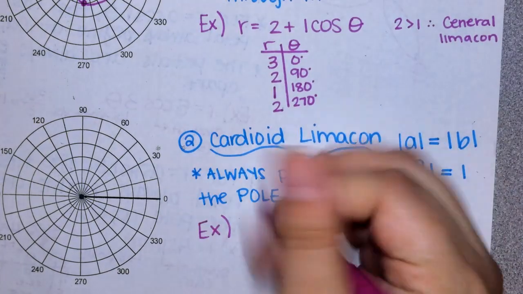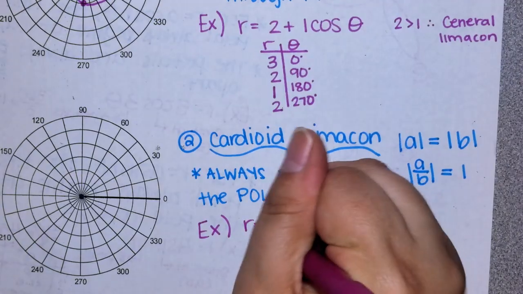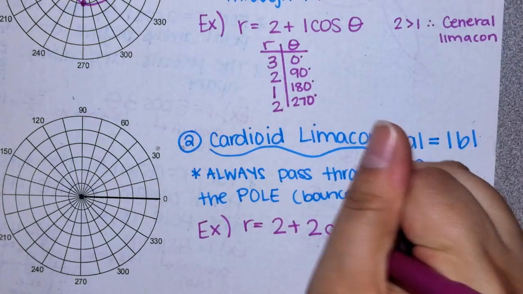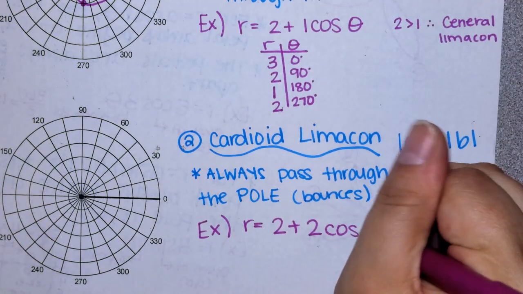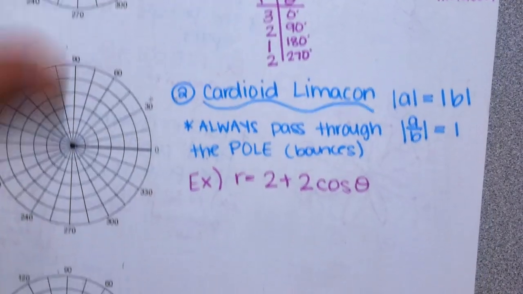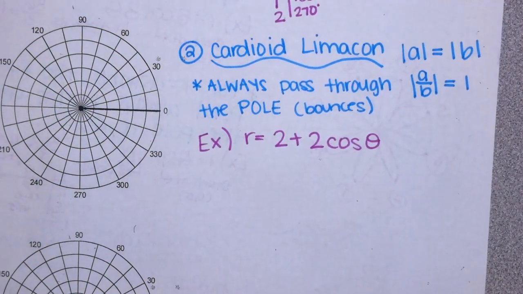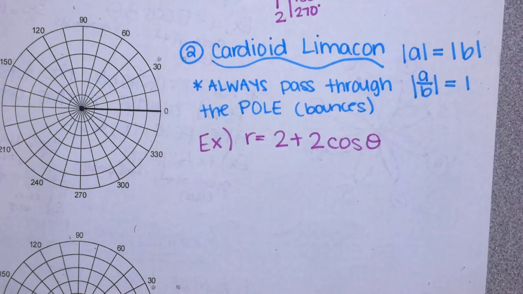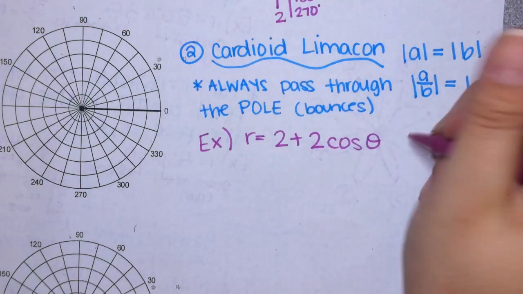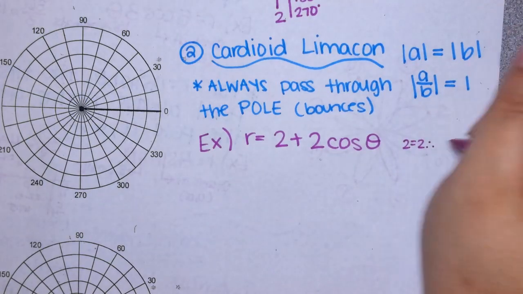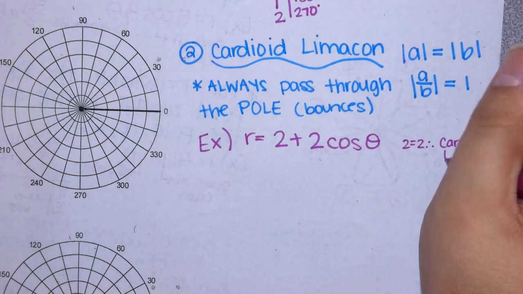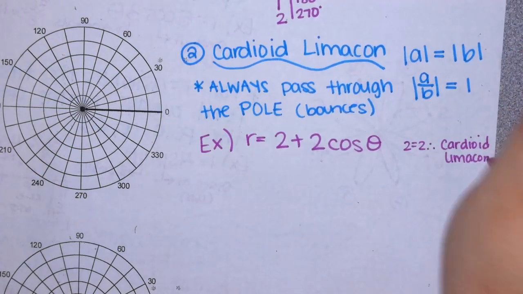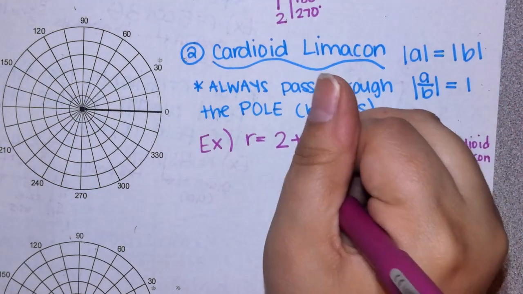So the example we'll do here is r equals 2 plus 2 cosine of theta. What do I know? 2 equals 2, therefore cardioid limacon. And I can write or make my table.